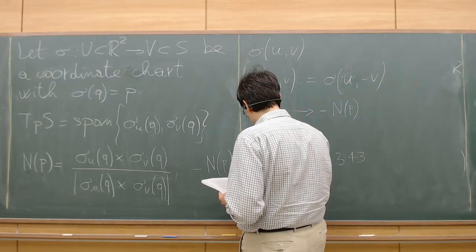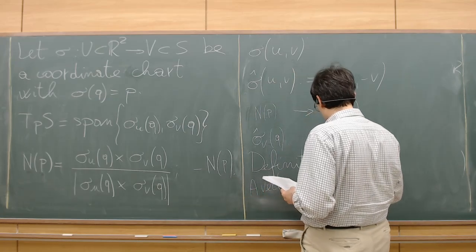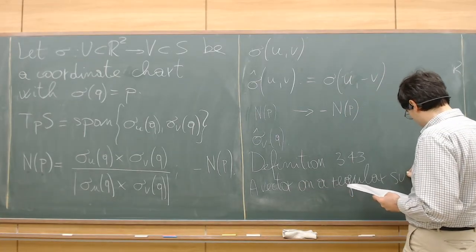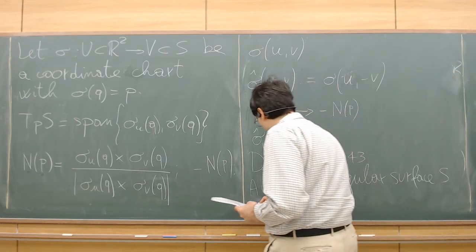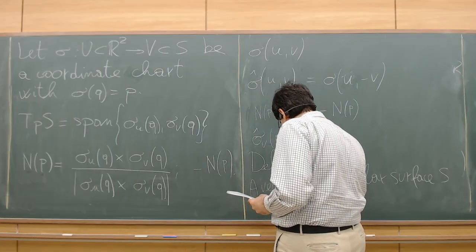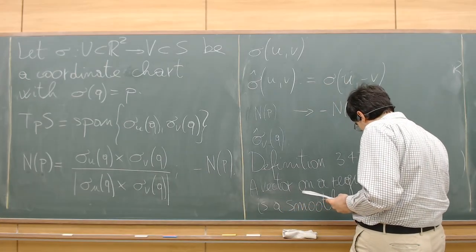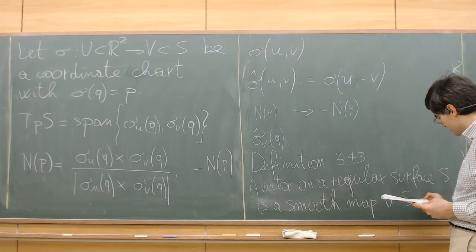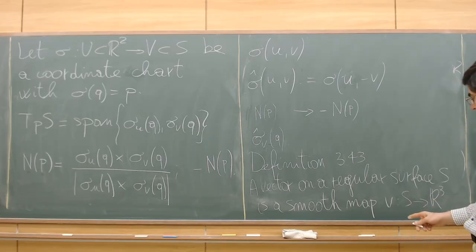A vector field on a regular surface S is a smooth map V defined on S with values in R3. In other terms, this is a map which assigns to any point of the surface a vector.